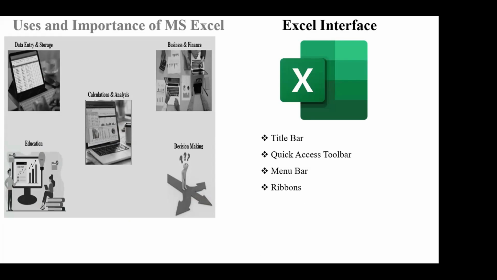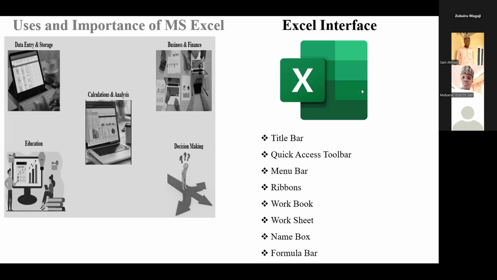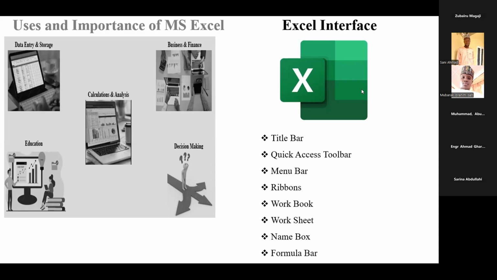We have ribbons, workbook, worksheets, the name box, and the formula bar. These are what we have in Excel, and these are the interface of Excel. We are going to take them one after another.